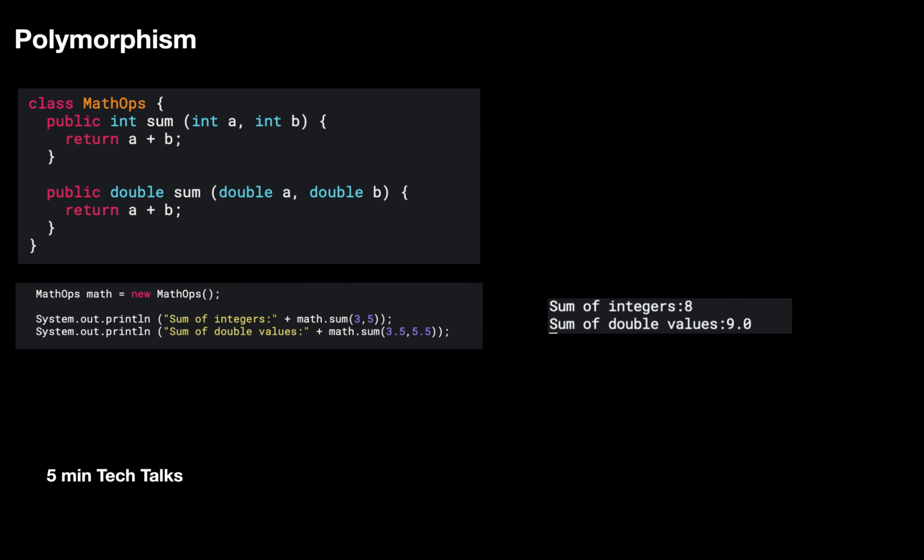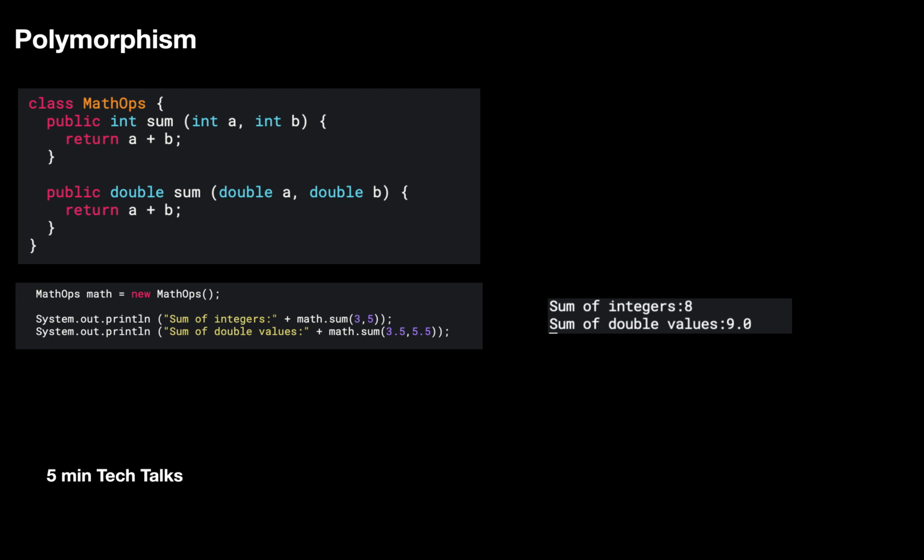Another way of achieving polymorphism is shown here, which is compile time polymorphism, where the class mathOps has a method called sum, which has two variations, one that accepts integers and the other one that accepts double values and returns double.